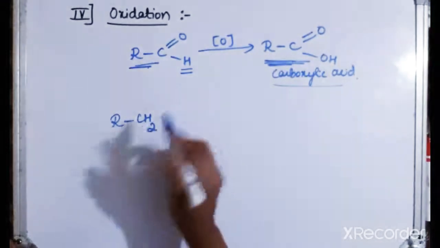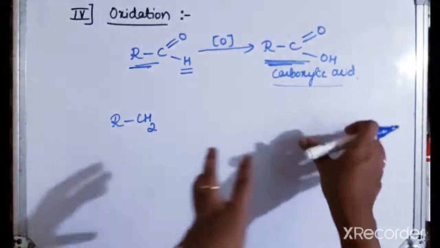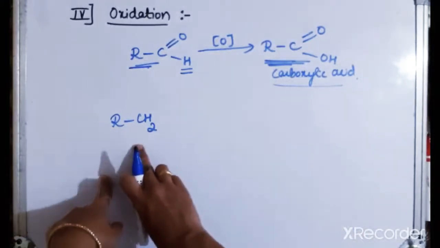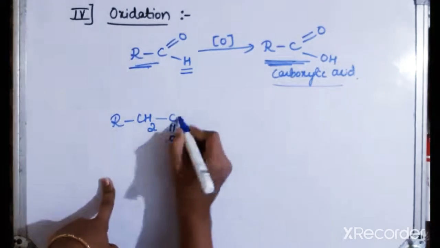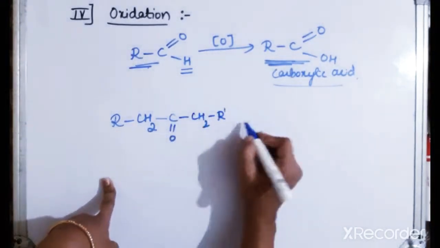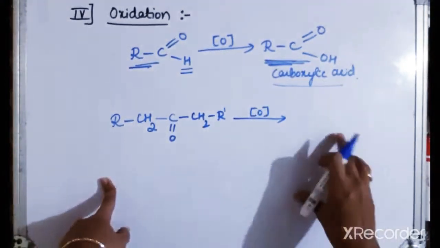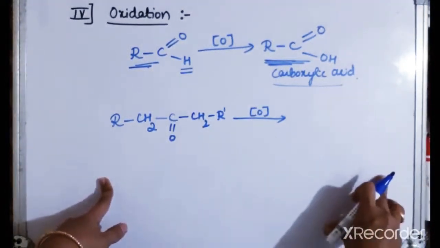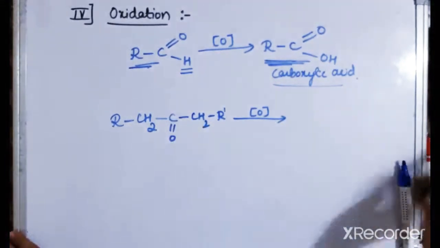Whereas in the case of ketones, the number of carbon atoms in the carboxylic acid and in the ketone will be different. For example, if I take one example of a ketone here, this on oxidation results in the formation of a mixture of carboxylic acids, as it involves the cleavage of bonds.